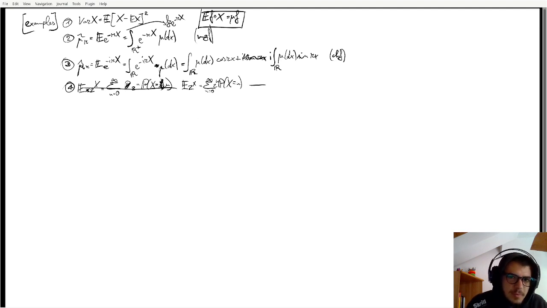I don't remember the name of this thing. I mean, it's also an MGF, but I think it had a particular name for discrete random variables.